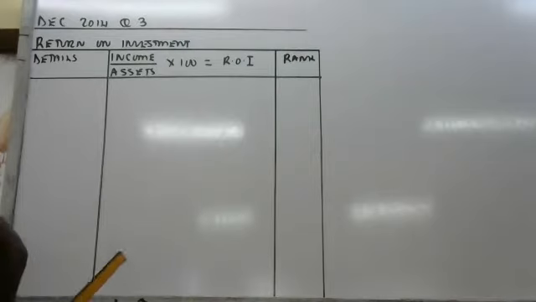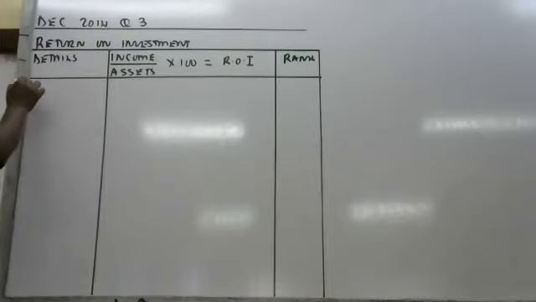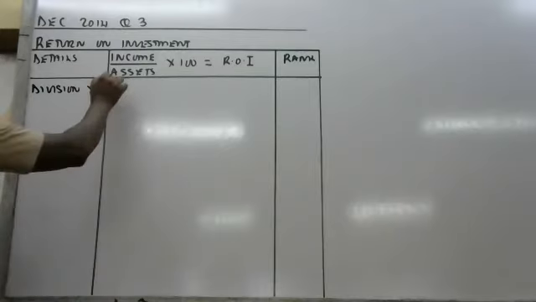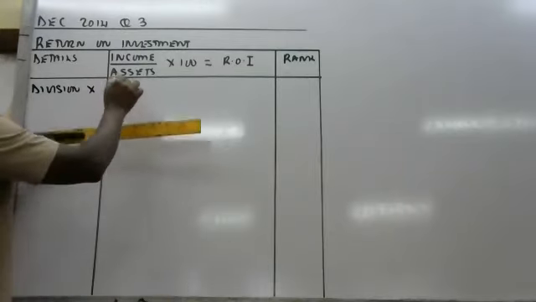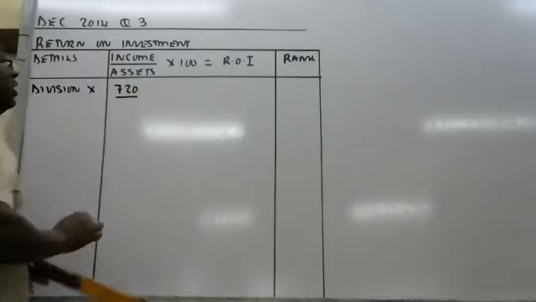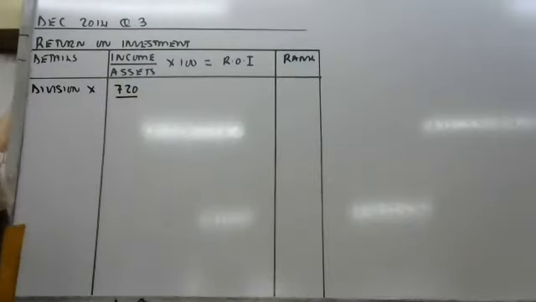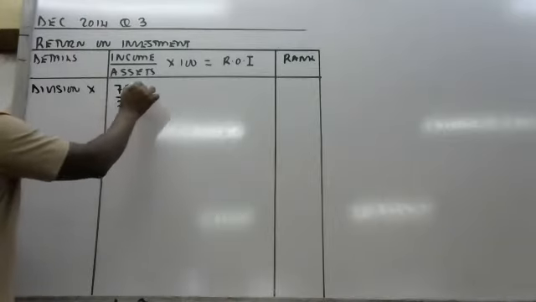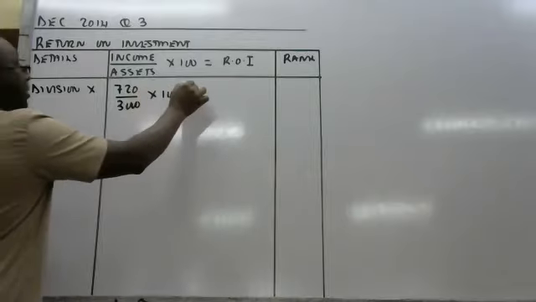So if you start with division X, you can see the income is 720. You divide by the assets. The average assets are 3,000, multiplied by 100.